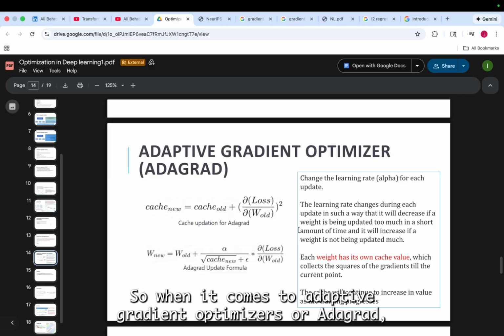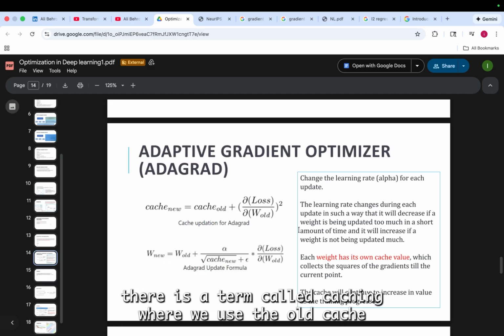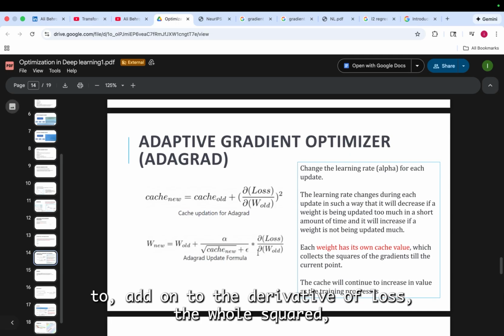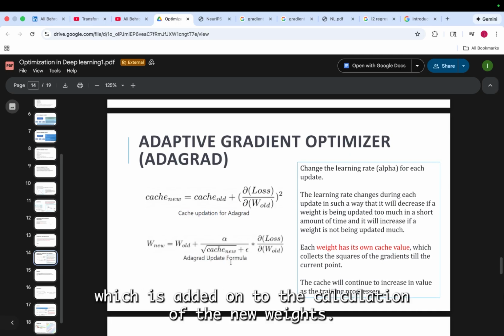When it comes to adaptive gradient optimizers or AdaGrad, there is a term called cache where we use the old cache to add on to the derivative of loss, the whole square, which is added on to the calculation of the new weight.